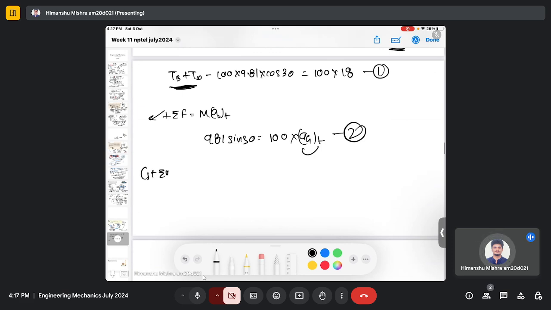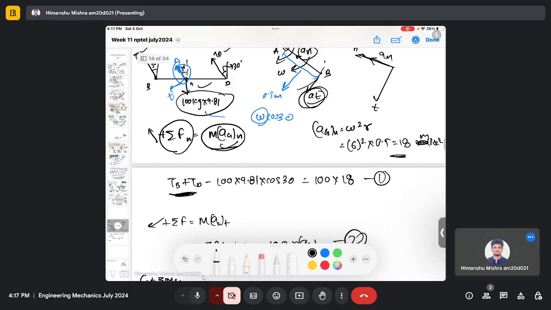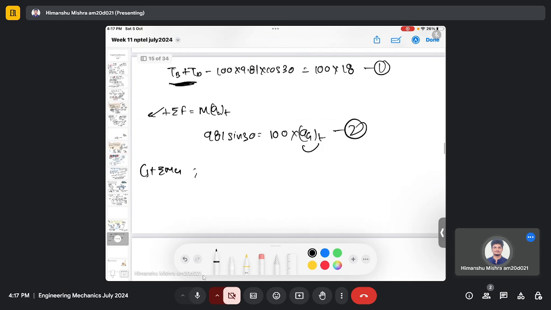If I take the moment about point G here, it is equal to 0.